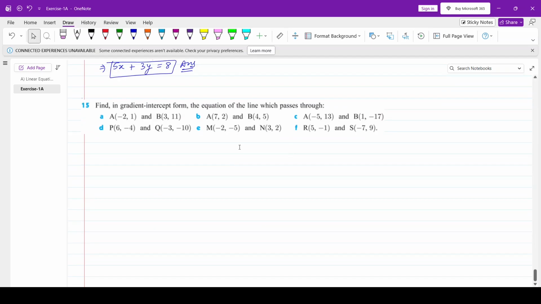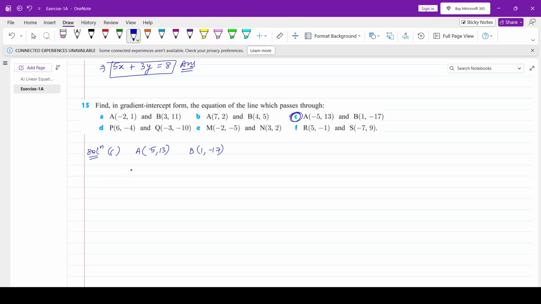Now solving question number 15. Find in gradient-intercept form the equation of the line which passes through these 2 points. Now when we have a question like this, I'll do part C. You can do others yourself.